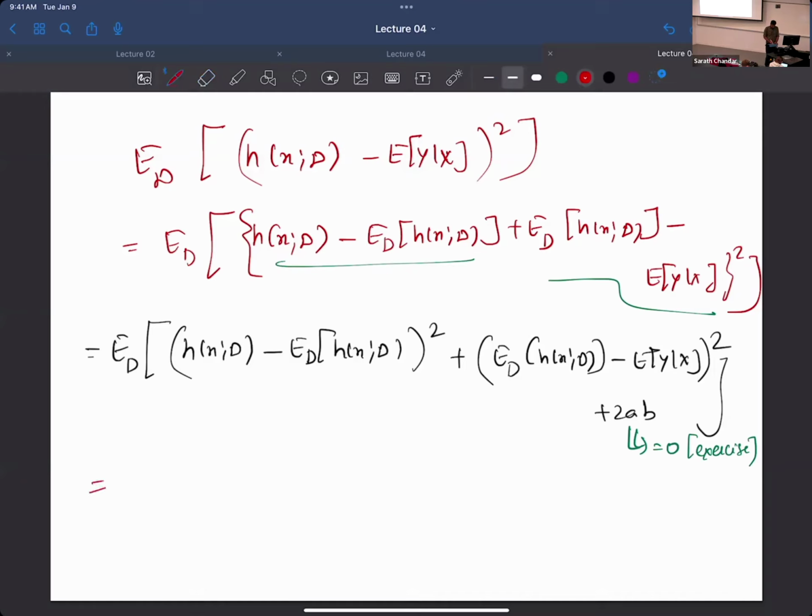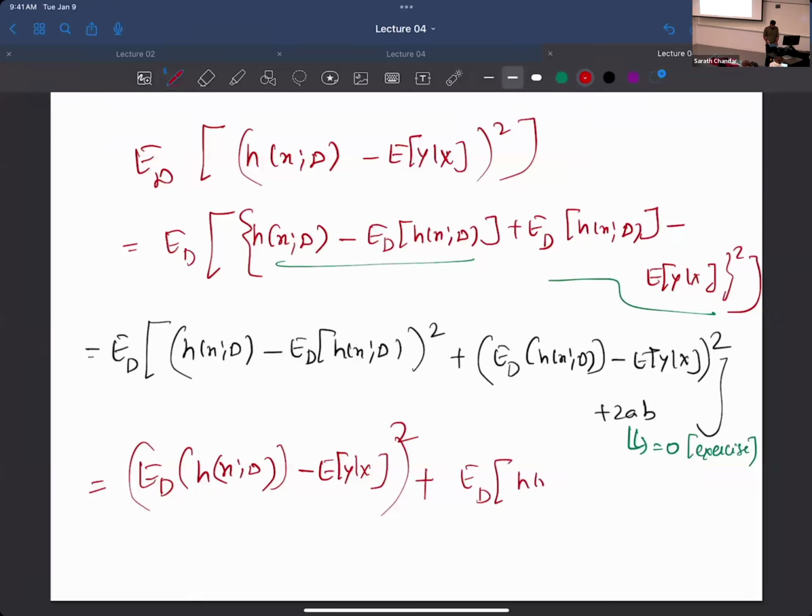I'm going to put the second term first, which is basically expected value of h of x given D minus E of y given x, the whole square, plus expected value of h of x given D minus expected value of h of x given D, the whole square. Now, what is the second term?